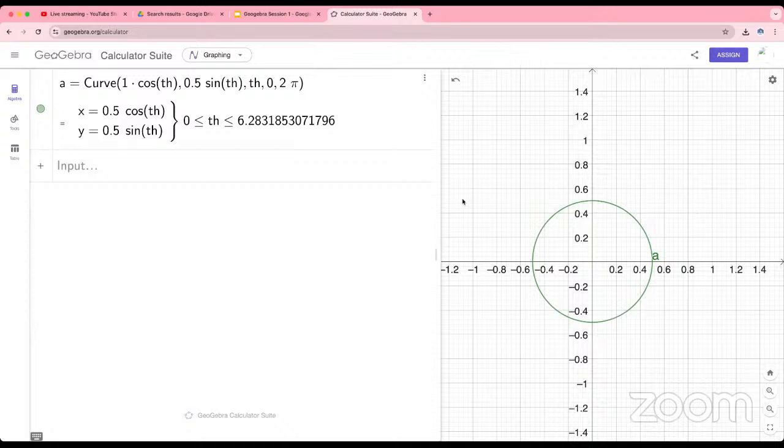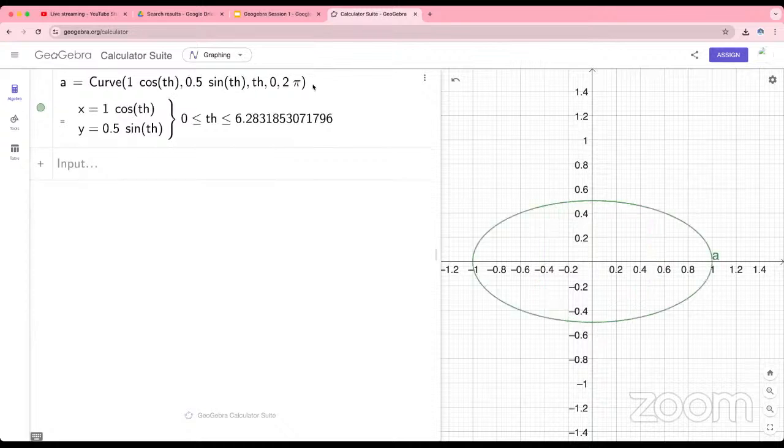This is how I'm changing it: the change in y is double the change in x along that axis. So it's linearly stretched: whatever change I have in x, the change in y is double of that, and that's why it's an ellipse.